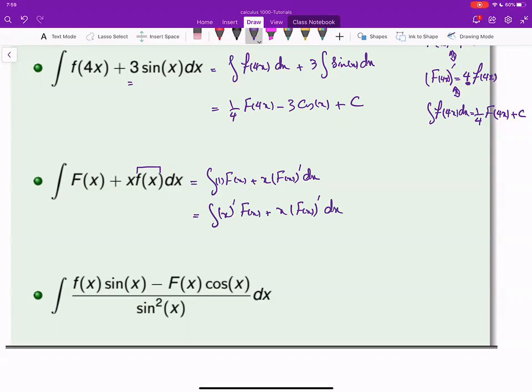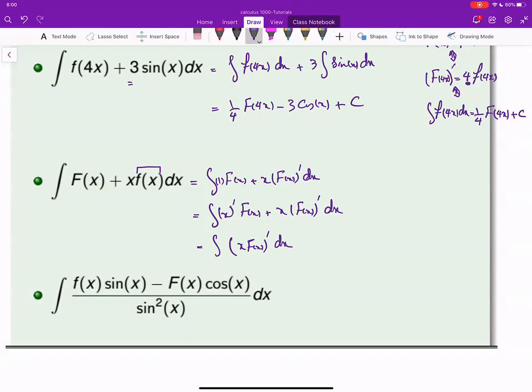And now you have to be able to see that this is the integral of a derivative of a product. This is the product rule: derivative of the first one, which is x, times the second one, and then you're trying to find the antiderivative of that.